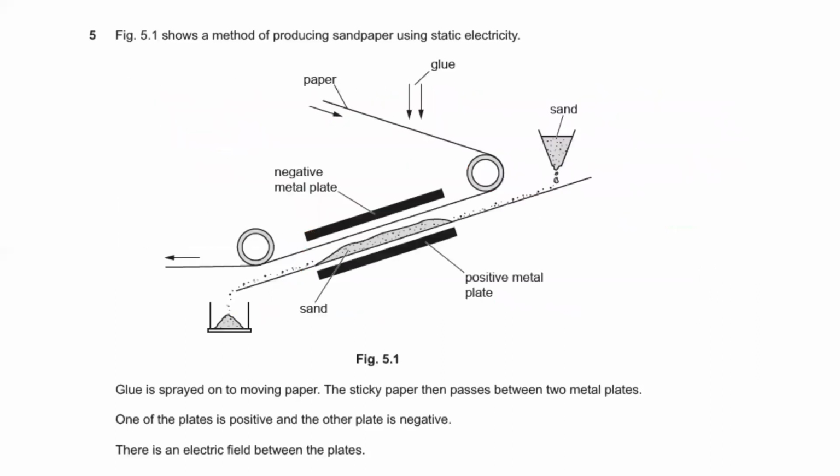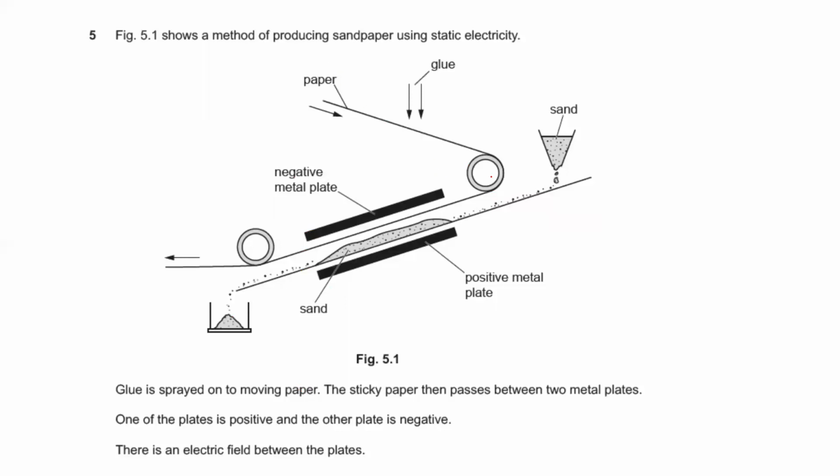Moving ahead, we have question number 5. It shows a method of producing sandpaper using static electricity. Glue is sprayed on the moving paper. The sticky paper then passes between two metal plates.